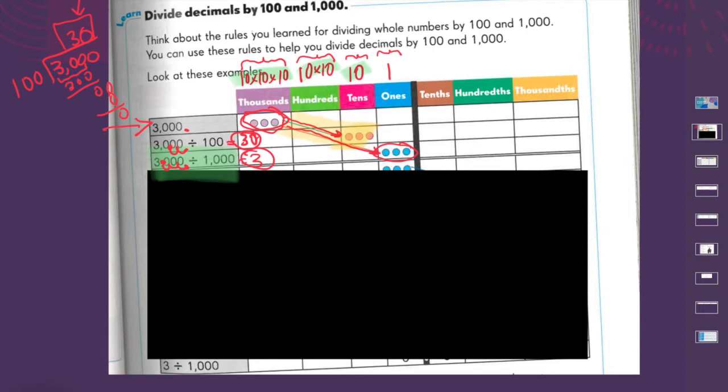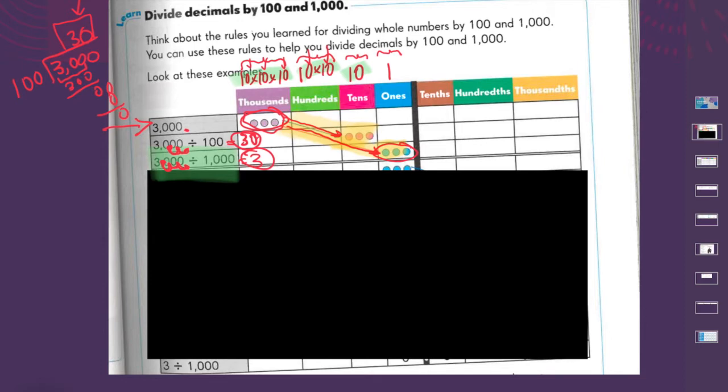And when we divided 3,000 by 1,000, we moved 1, 2, 3 places to the right to the ones place. And if you look at the thousands is 10 times 10 times 10. And we moved 1, 2, 3. And 100 is 10 times 10. And we moved 1, 2. So you're probably starting to notice lots of patterns here between dividing by 100, dividing by 1,000, and the movement of the decimal point.